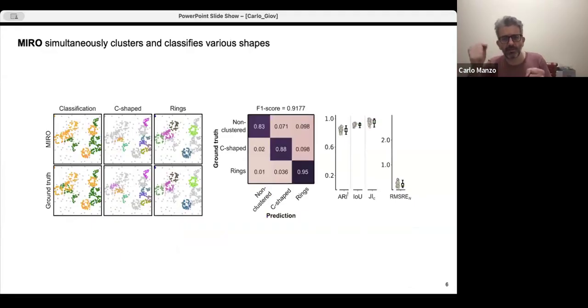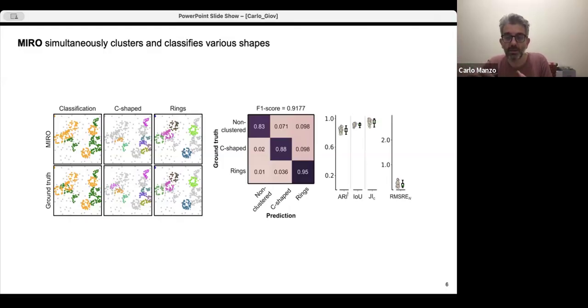On top of that, so far I described the problem which is multi-scale. Basically, you have a hierarchical cluster, and you can simultaneously cluster these two structures. But we can also apply it to simultaneous clustering and classification. So let's suppose that in an image you have two different shapes. In this case, we use rings and C-shapes.